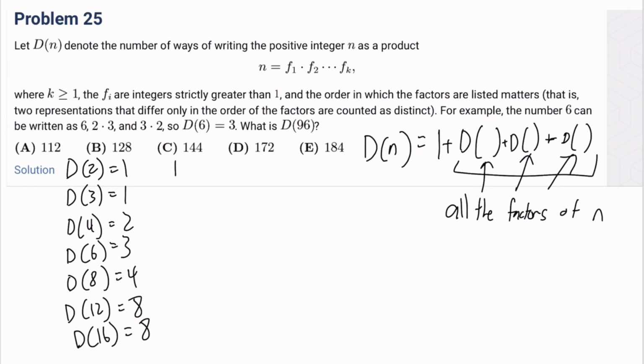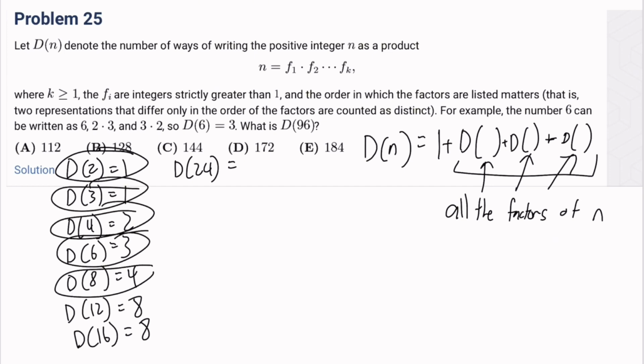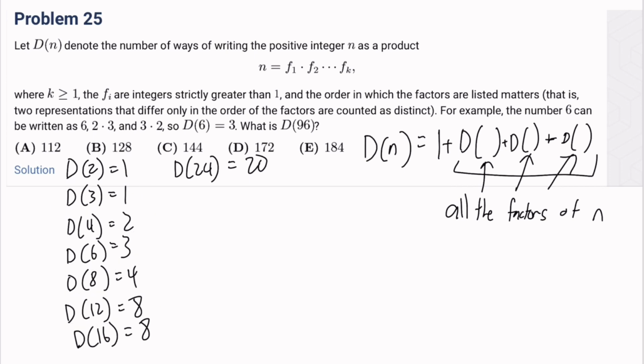Then next we need d24. This equals 1 plus 1 plus 1 plus 2 plus 3 plus 4 plus 8, and that becomes 20, because this much is 19. So that becomes 20.